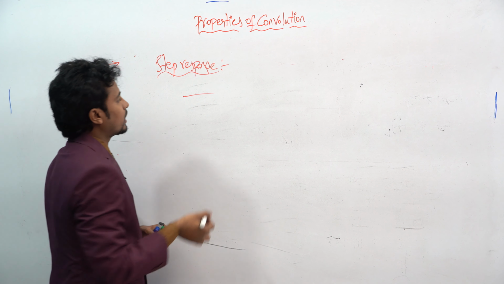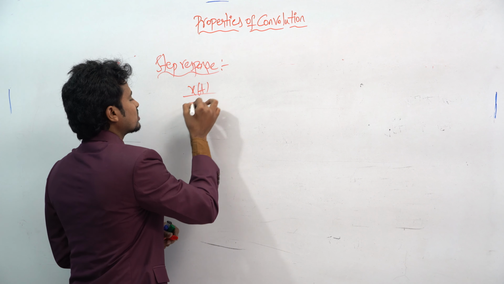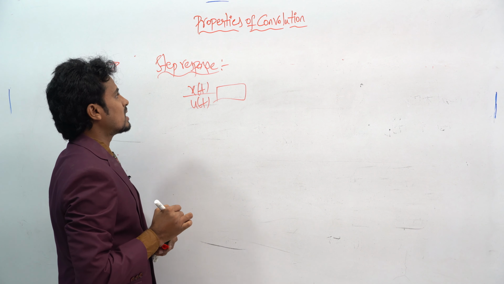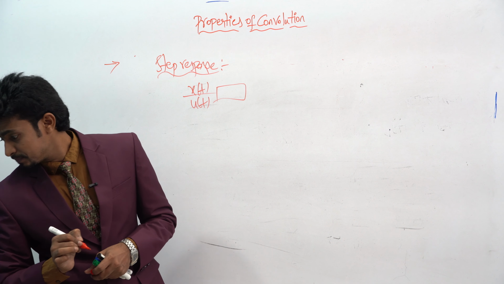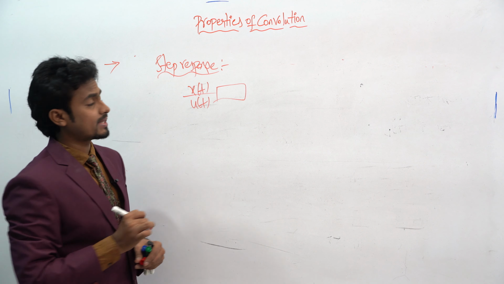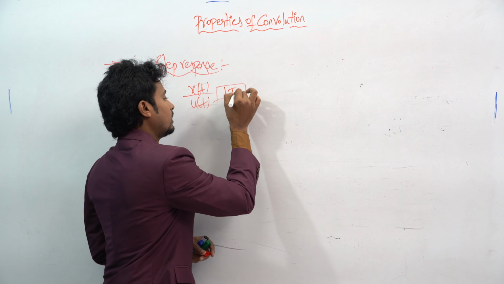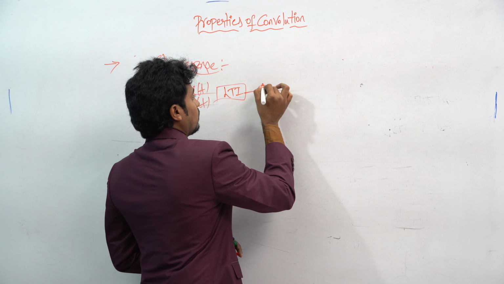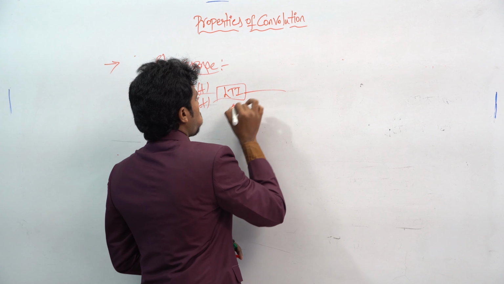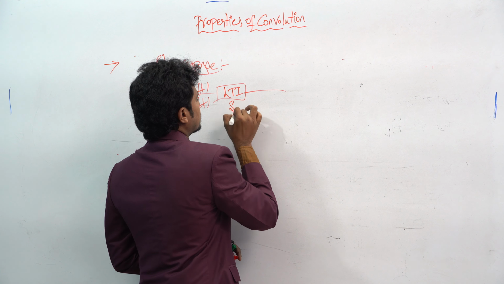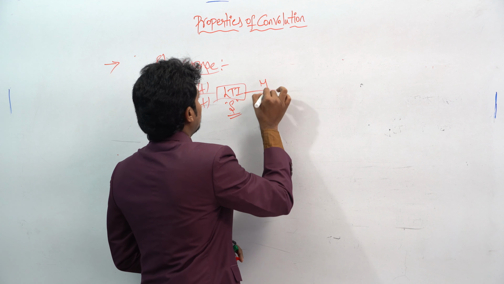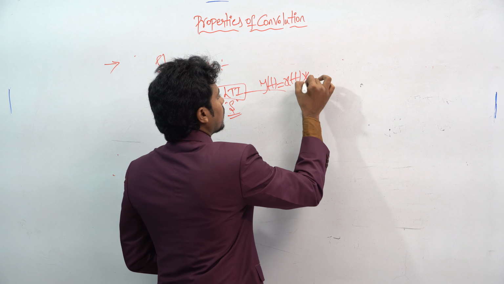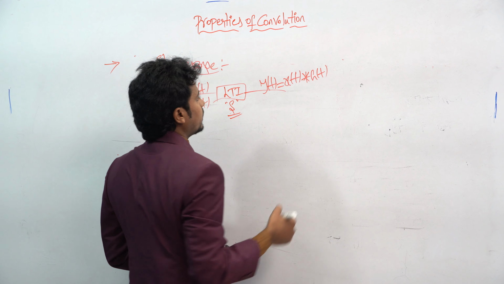Here, if you give the input as x of t, or u of t, to some LTI system S, here y of t is x of t convolved with h of t.